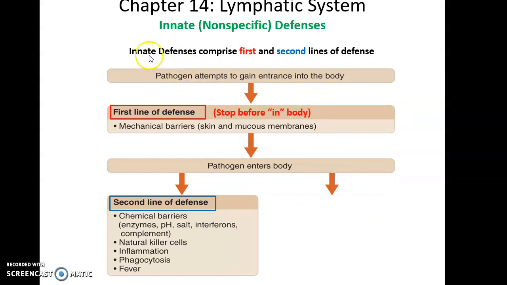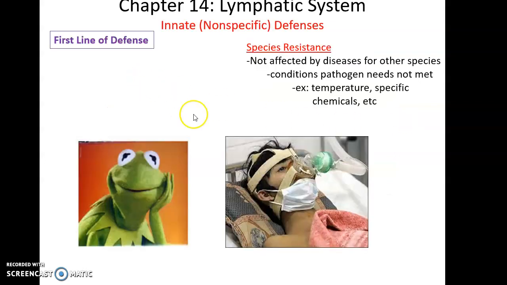So we're going to focus on the innate defenses, the non-specific defenses, and they're broken down into first line and second line defenses. First line is mechanical barriers that exist before the pathogen officially is in the body. And then second line defenses, things we can do after it invades deeper into our body. So some first line defenses, species resistance.